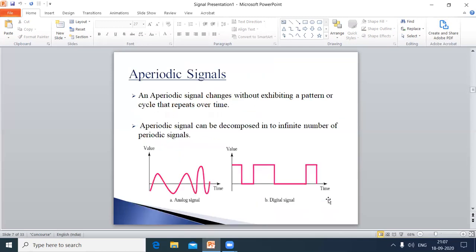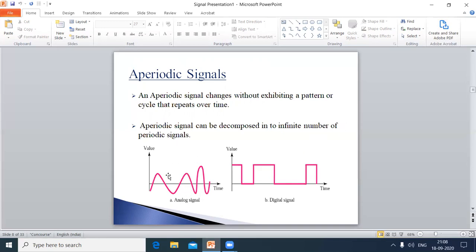Okay. Now discuss another topic. Aperiodic signal or non-periodic signal. An aperiodic signal changes without exhibiting a pattern or cycle that repeats over time. An aperiodic signal can be decomposed into an infinite number of periodic signals.